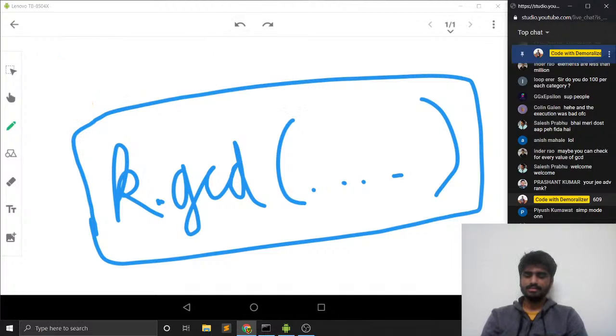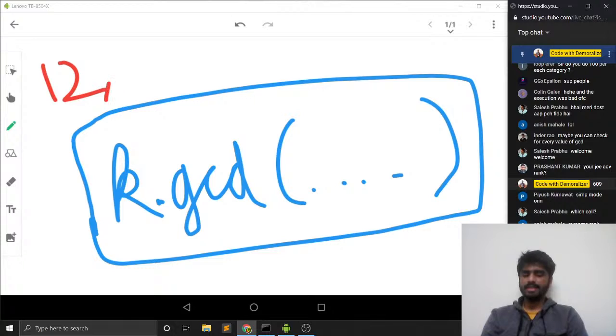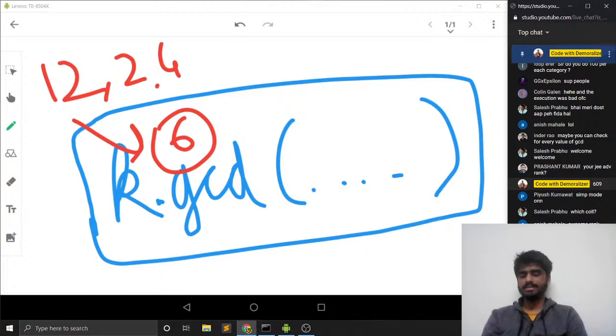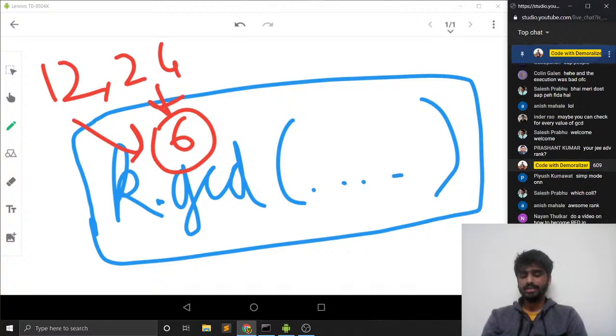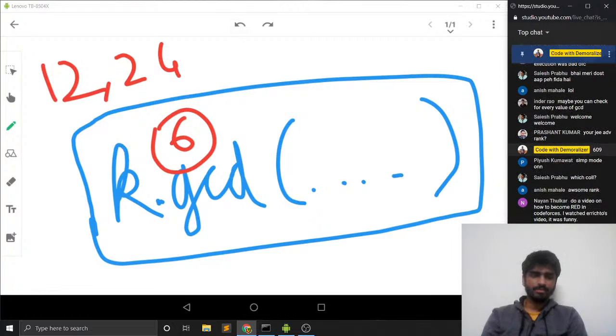Like, let's say I have elements like 12 and 24. So I might think that their GCD is 6, but it's not 6, it's actually 24. Sorry, it's actually 12. So this might be a problem.